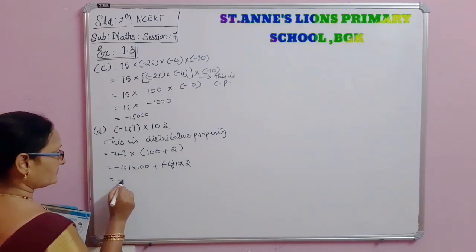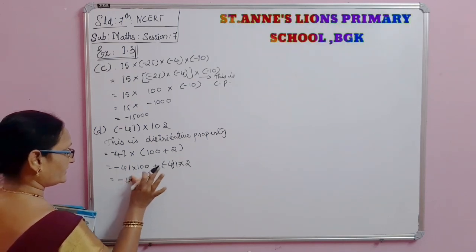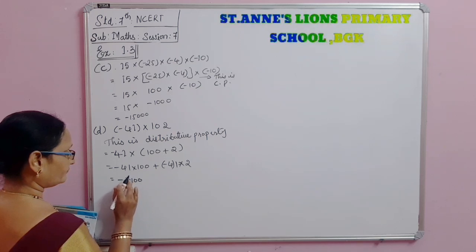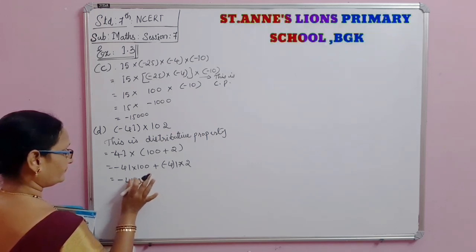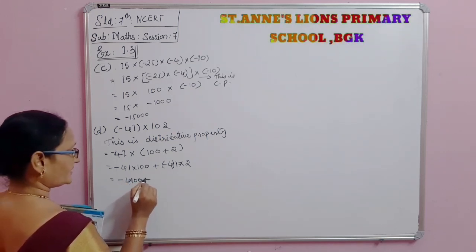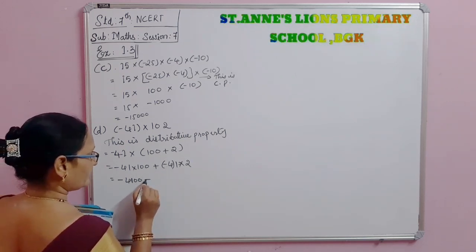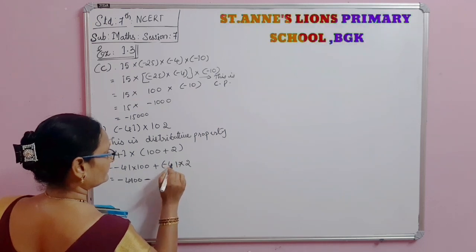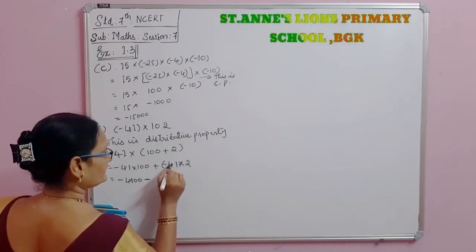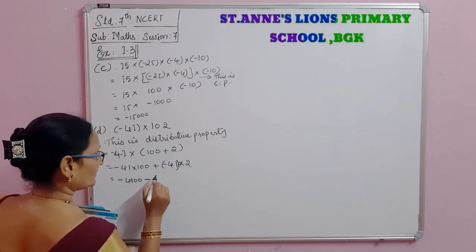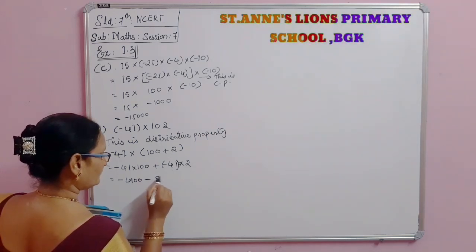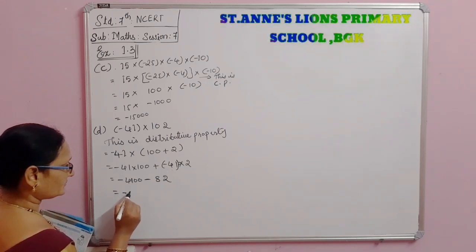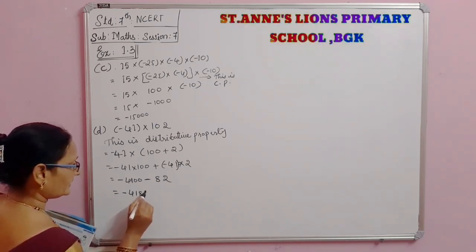So this is minus 4100 plus minus 41 into 2, that is minus 82. So the answer is minus 4182.